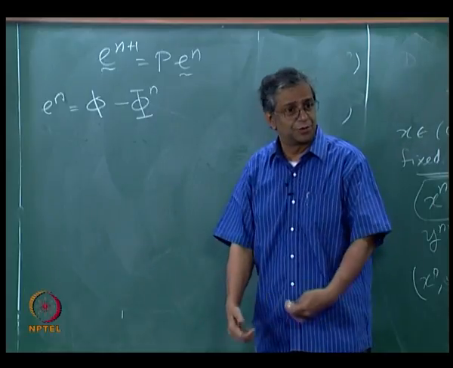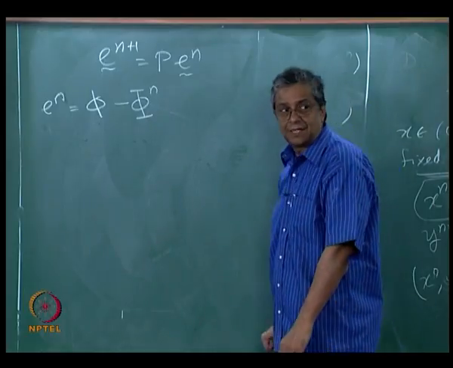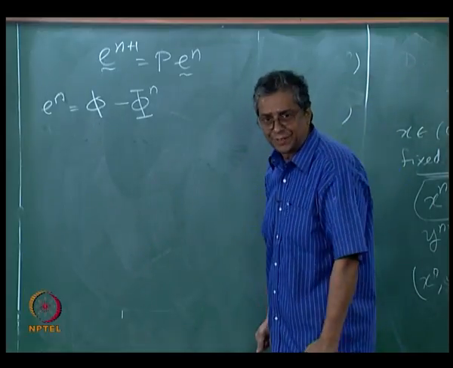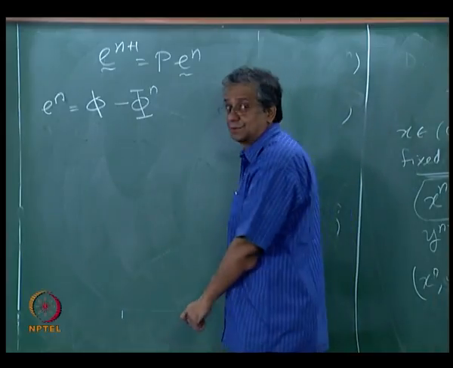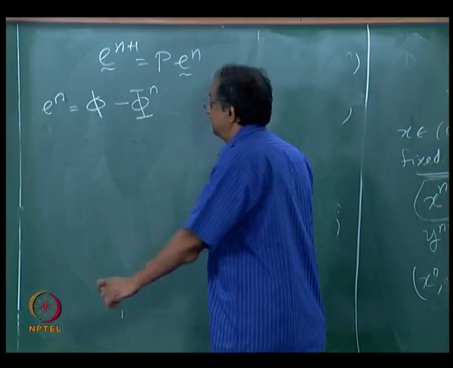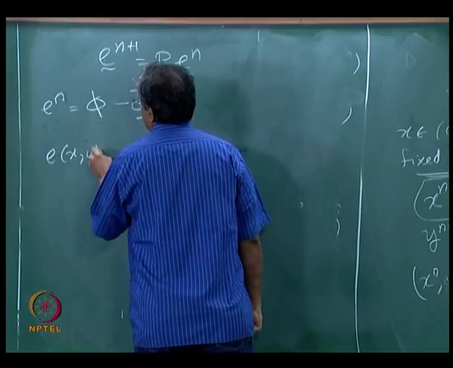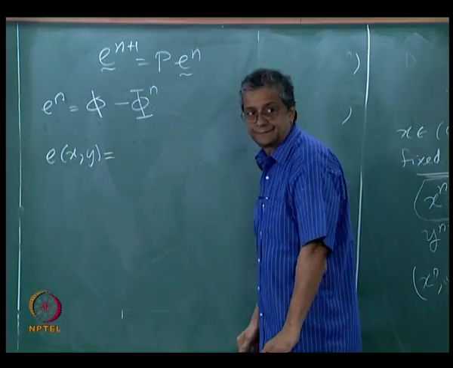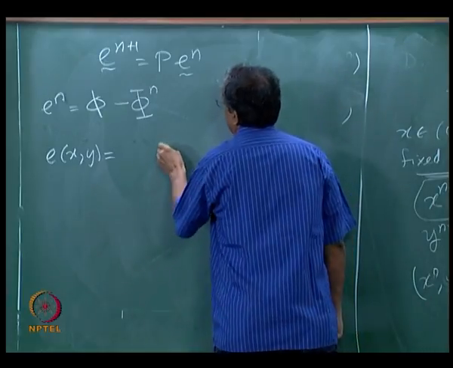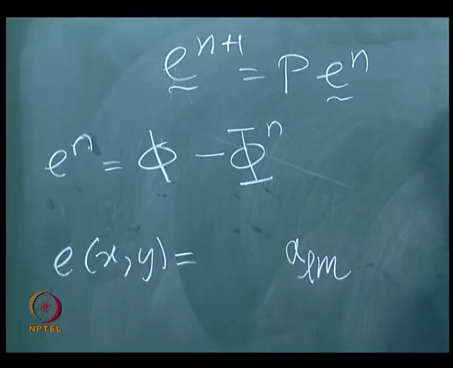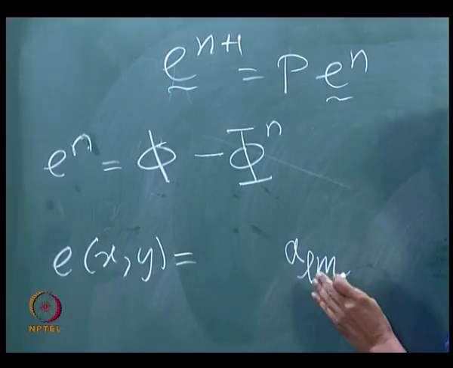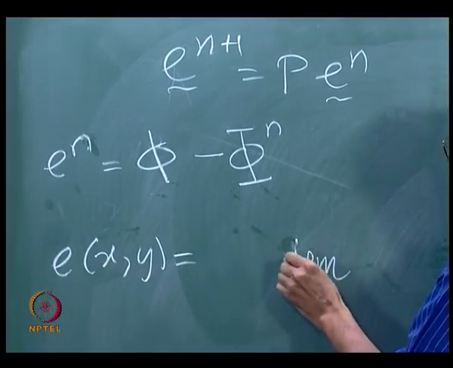So how are we going to go about solving this? I do use my Fourier series, I will write Fourier series in 2 dimensions. If you have not seen this, you will see how this works. So I look at this function E(x,y) equals A_lm, okay, A_lm.